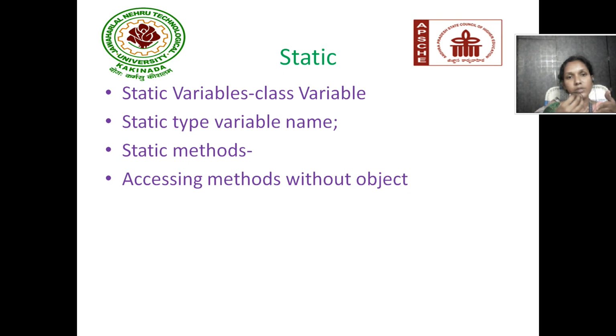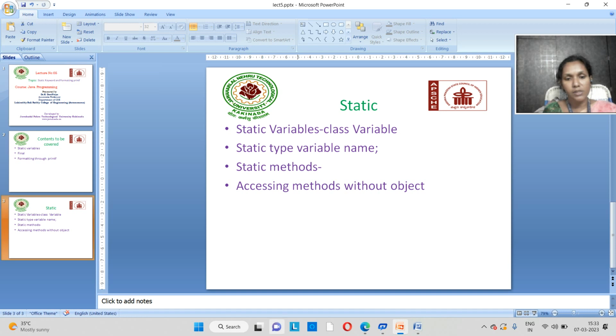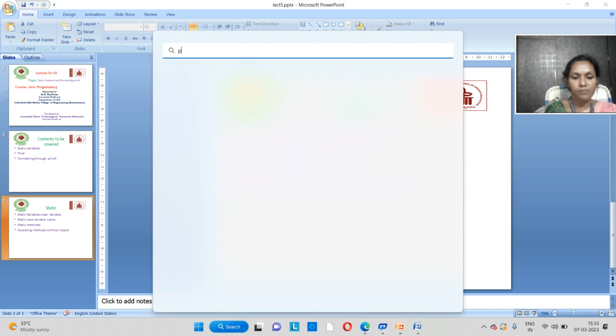Each object has its own block of memory for instance variables. But variables with a static type are accessed by all the objects. A common block of memory will be allotted to all those variables. I will show you.